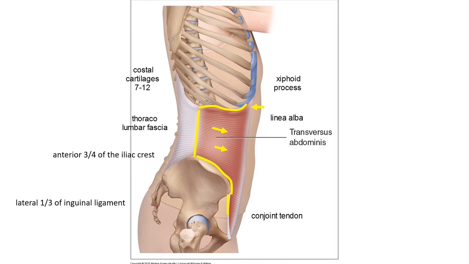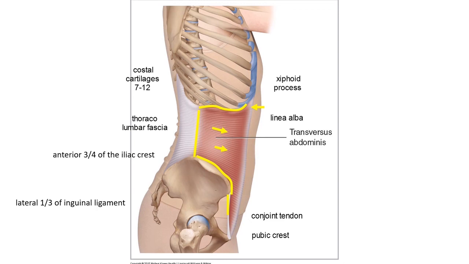Now we know what is the linea alba, and it forms, with the tendon of the internal oblique, as they join together, what is called the conjoint tendon.